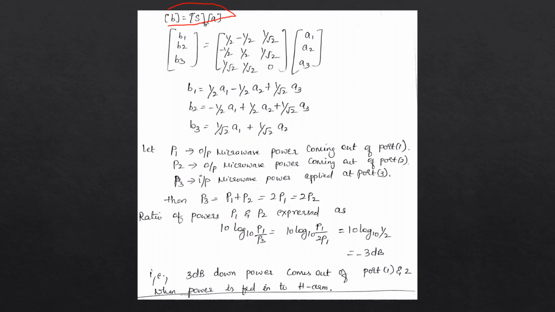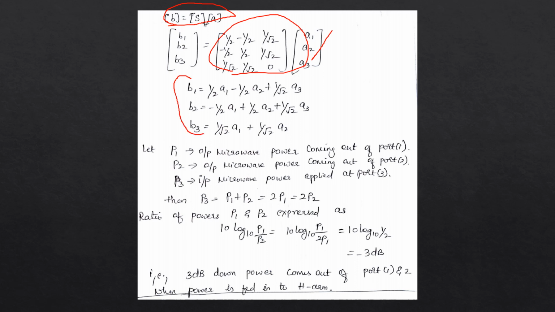Here, we will be taking a particular condition, that is matrix B is equal to S matrix into A. That is B1, B2, B3 is equal to S matrix into A1, A2, A3. Multiplying both row and column, we will be solving each of B1, B2 and B3.